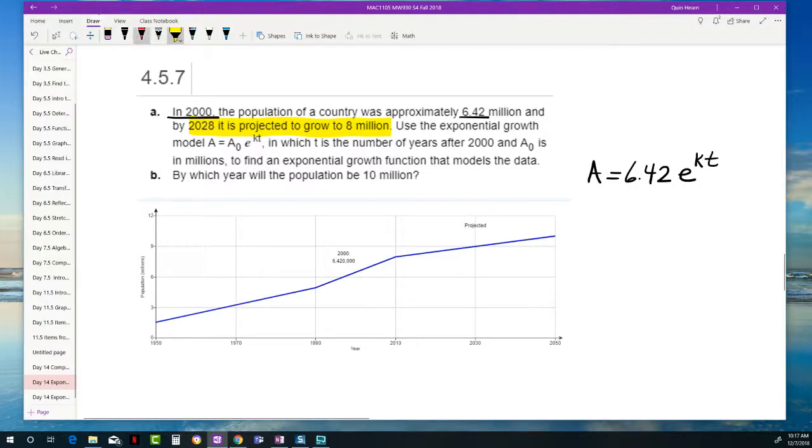So when they say the year 2028, remember that t is the number of years after 2000. So t in 2028, if you subtract 2000, would be 28. So they're giving us that t is 28 at a particular population level of 8 million. So that's when the accumulated value of the population is 8.